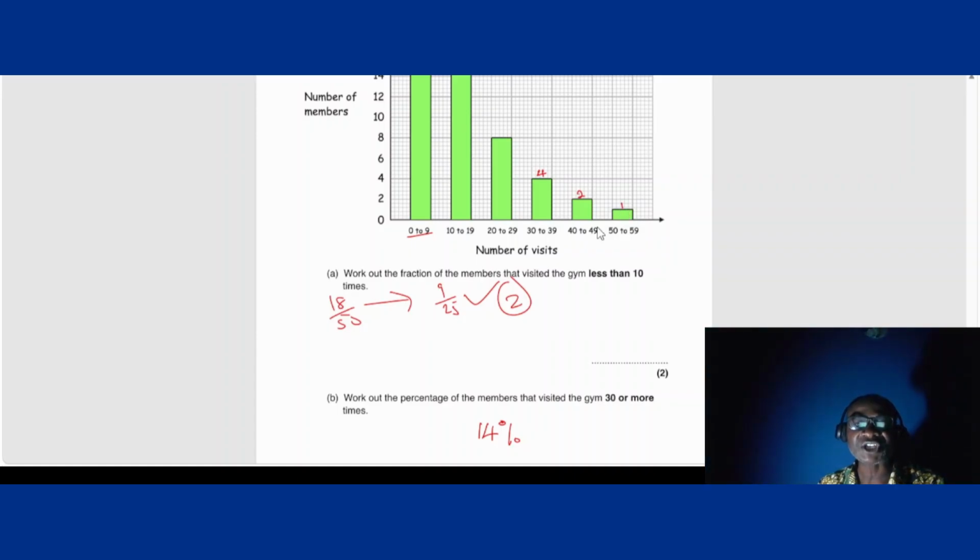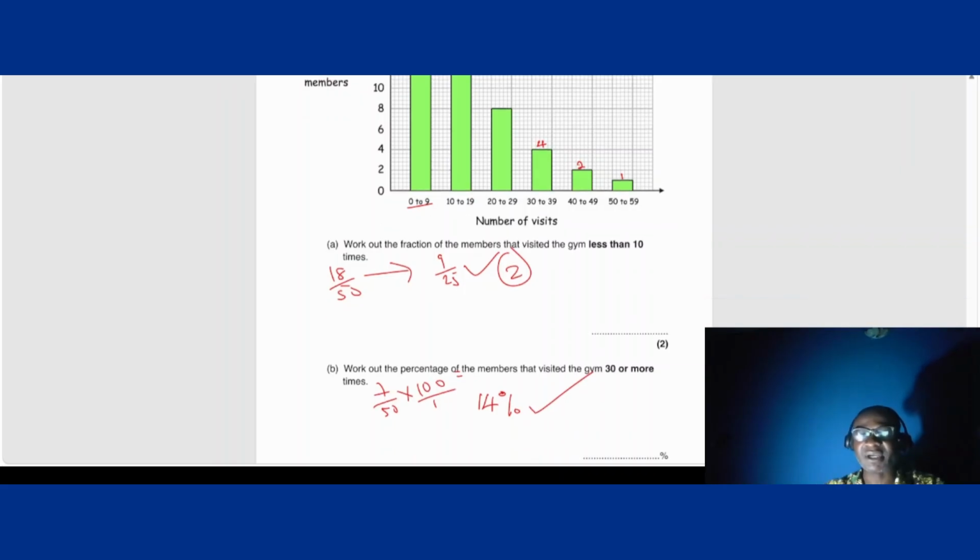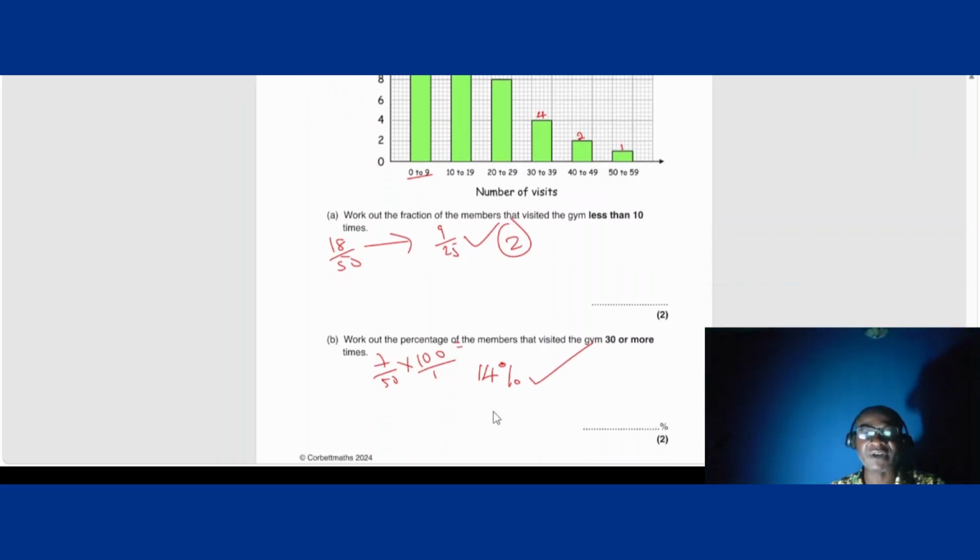So the addition of all of them gives a total of 7 out of 50, which is 7 over 50. Then we put it in percentage: 2 times 7 is 14. Excellent. Your ability to read the graph is very good. So it also gets the 2 marks.